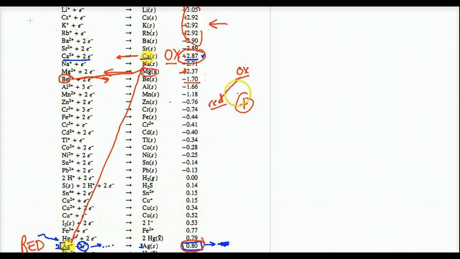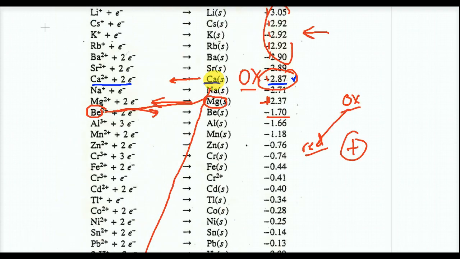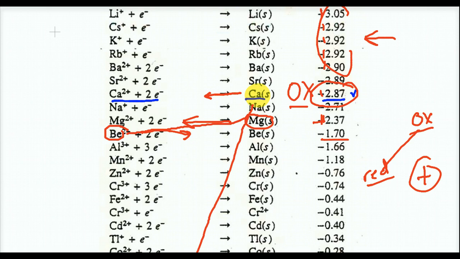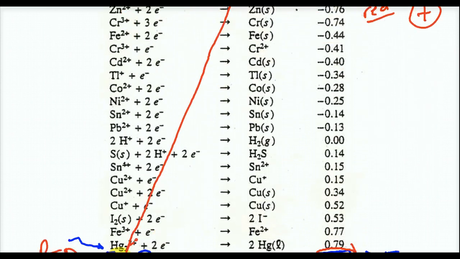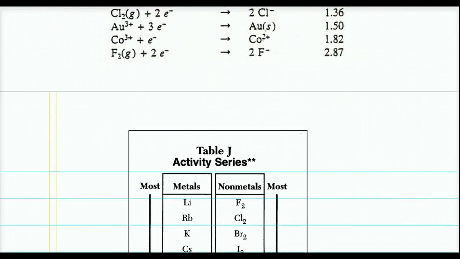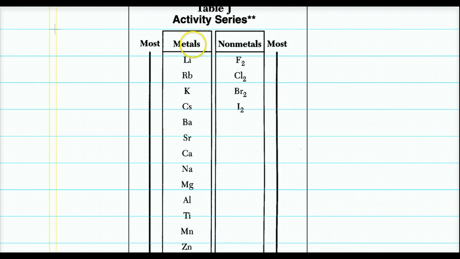Why am I mentioning this? Well, my friends, in chemistry, let's go to table J. Now, table J, as I've talked about, is a terrible table where they list the metals in their activity series, and they list them based on their ability to oxidize, since metals what? Lose electrons.